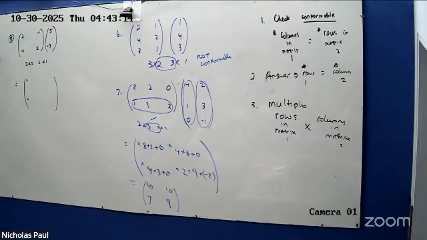I have multiplied out. What size matrix will the answer be? 2 by 1, right? Yeah? 2 by 1?